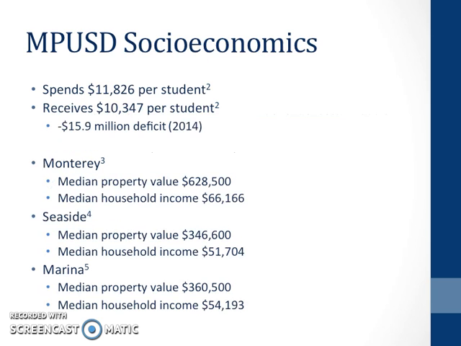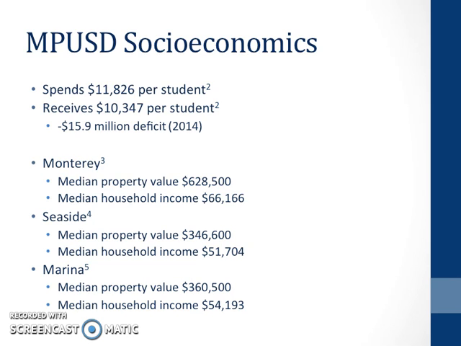The socioeconomic measures of MPUSD are really important when conceptualizing all of the work that we're going to be doing or discussing. The spending is more than what MPUSD receives, which resulted, as measured in 2014, in a $15.9 million deficit. So right now, the district is working with a substantial amount of negative income, which is really difficult.